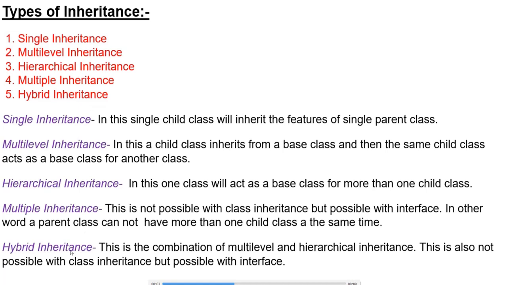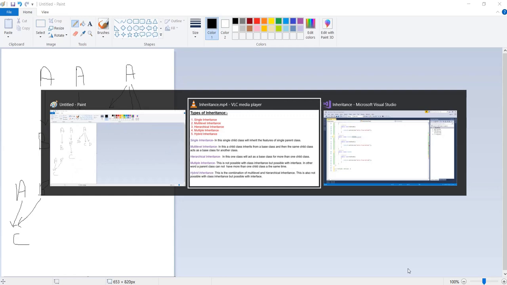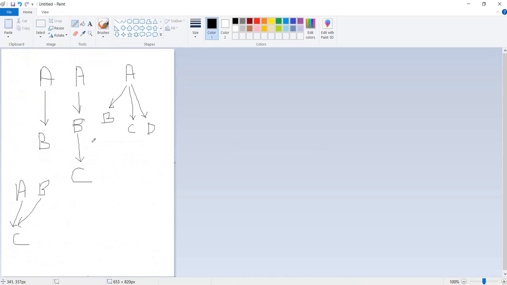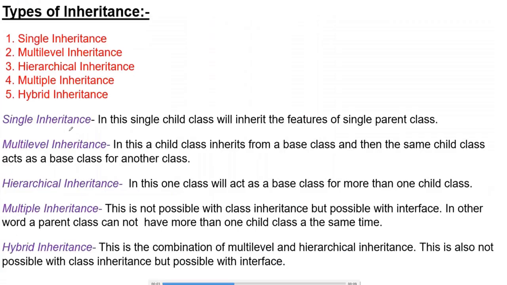Now hybrid inheritance. This is the combination of multi-level and hierarchical. This is also not possible with class inheritance but possible with interface. So when we learn interface, we will look into that. What does hybrid inheritance mean?